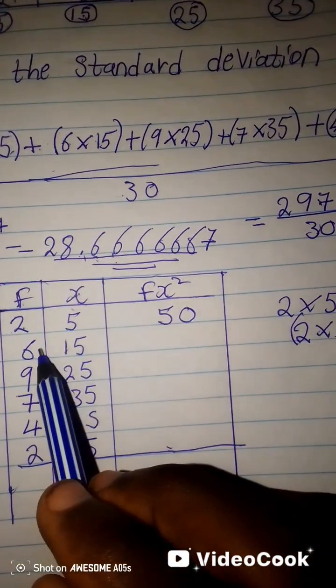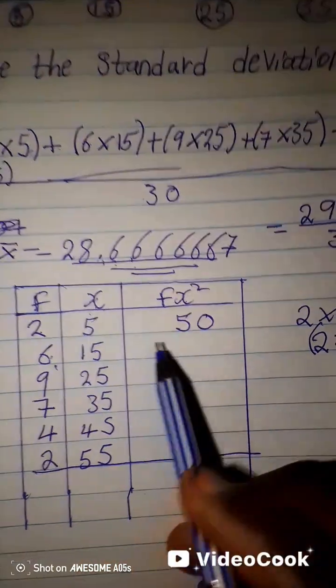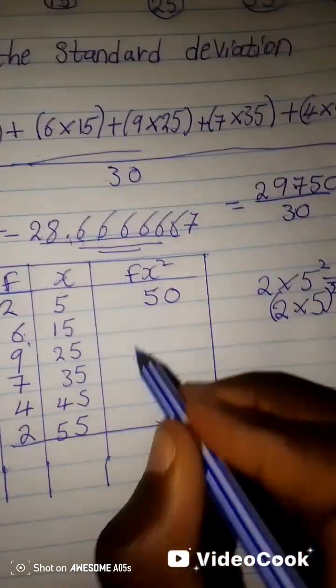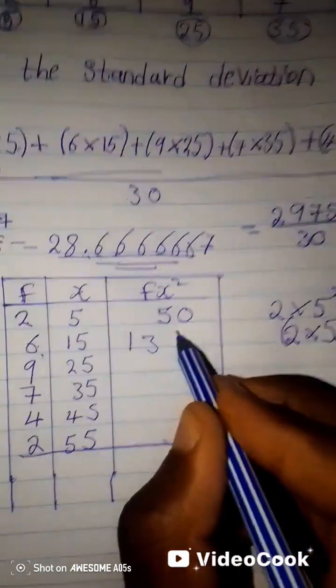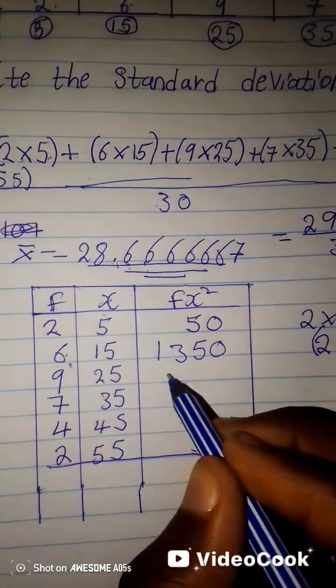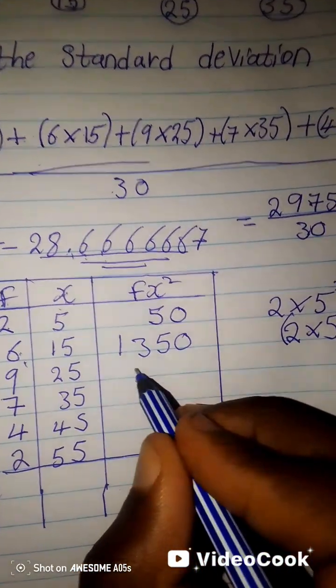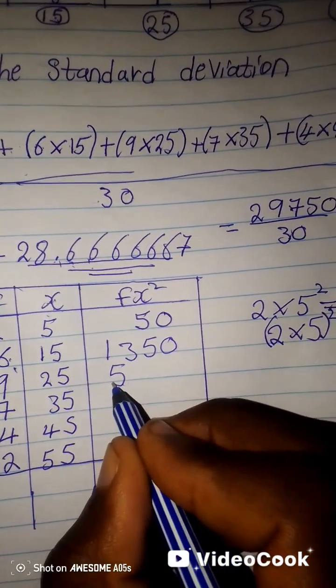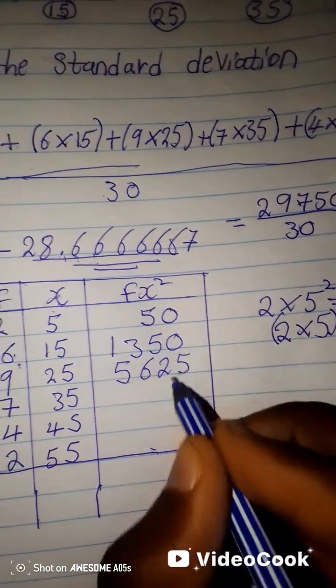When you place 6 multiplied by 15 squared, you are getting 10350. When you multiply 9 times 25 squared, you are getting 5650.